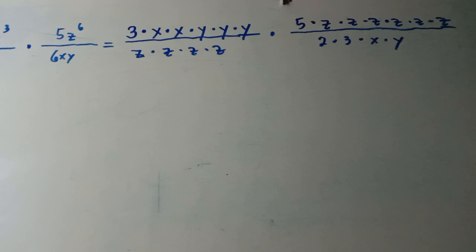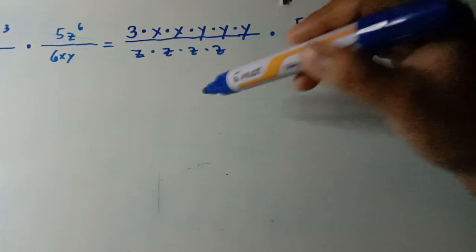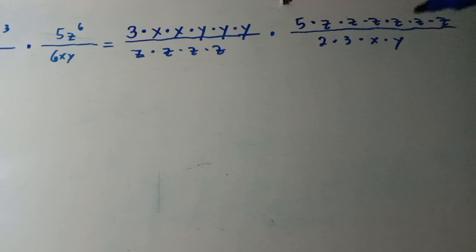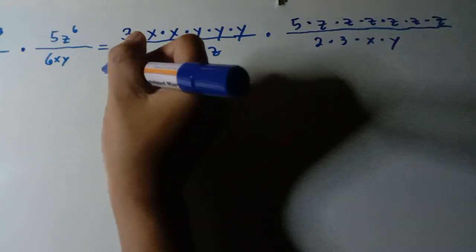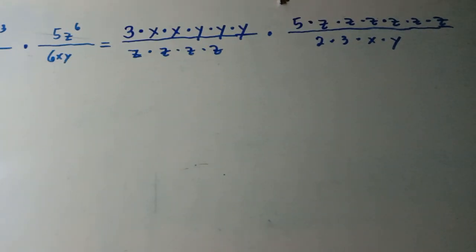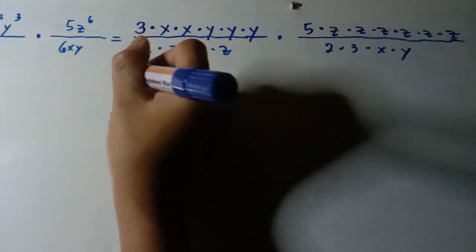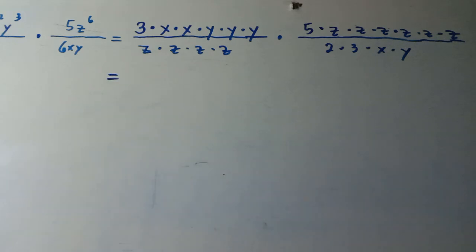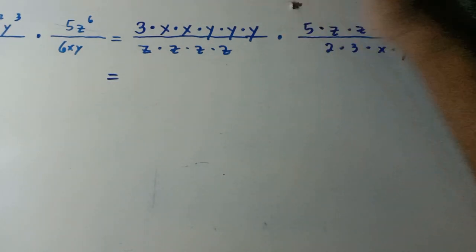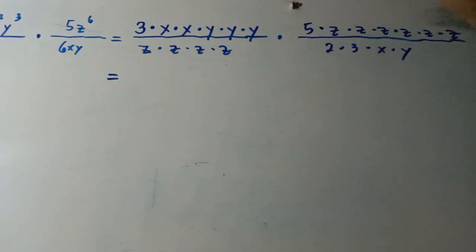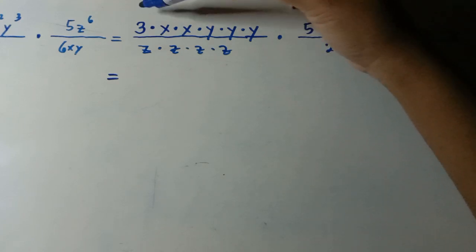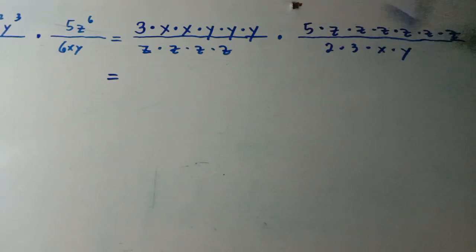The next thing that we will do is we are going to apply cross multiplication. So we are going to cancel out some terms. Okay, we are cross multiplication, we are going to work this one and this one.